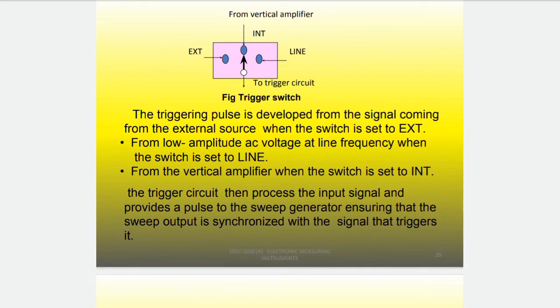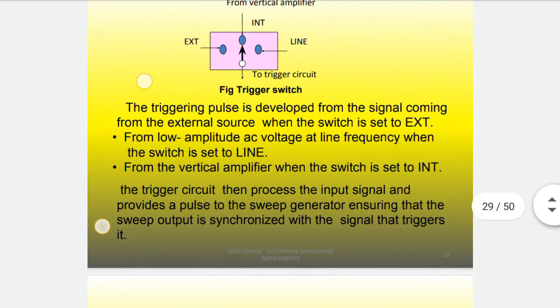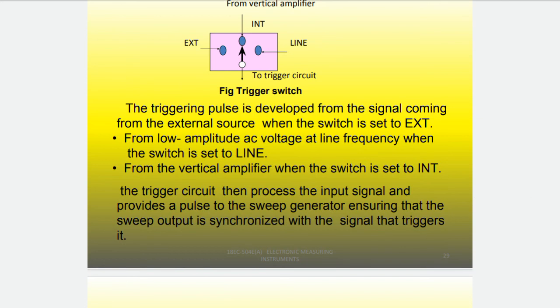The triggering pulse is developed from the signal coming from the external source when the switch is set to external, from low amplitude AC voltage at line frequency when the switch is set to line, and from the vertical amplifier when the switch is set to internal.